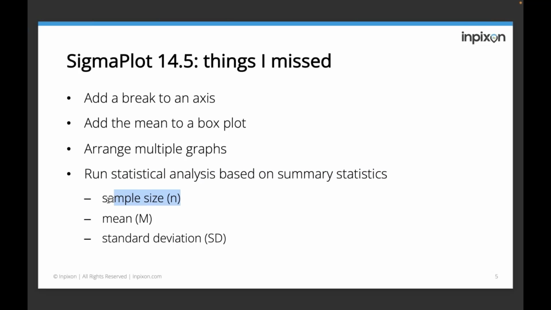You just type in the sample size, the mean, and the standard deviation, and there you go. So it's very easy to run, for example, your own comparisons based on data you found in some paper. Maybe they didn't report the comparison that you are interested in. If you have the mean, the standard deviation, and the sample size, you can perform this comparison on your own with SigmaPlot. Very easy.